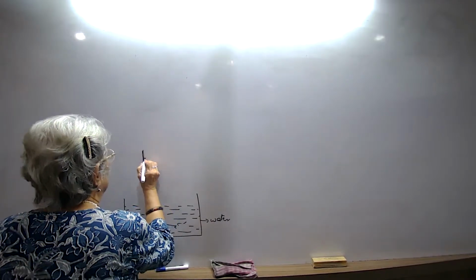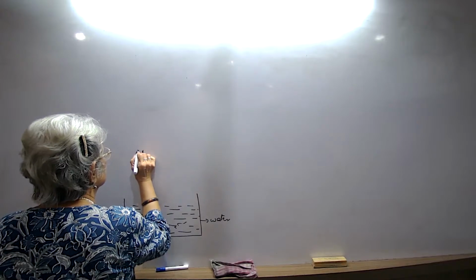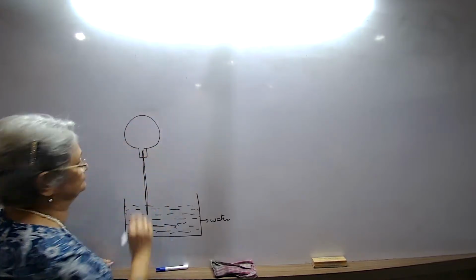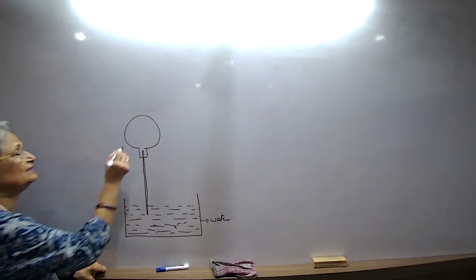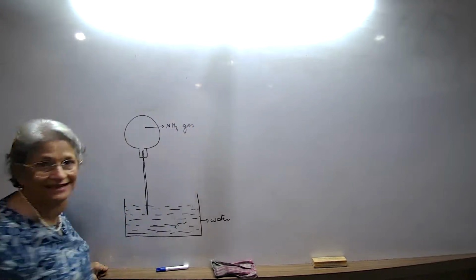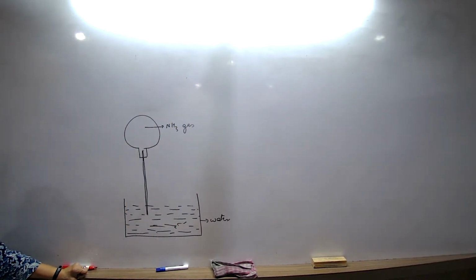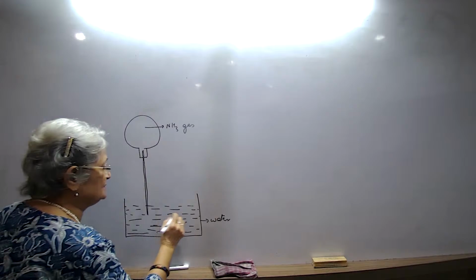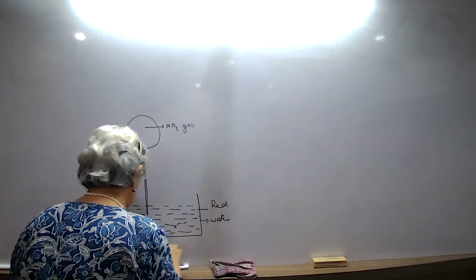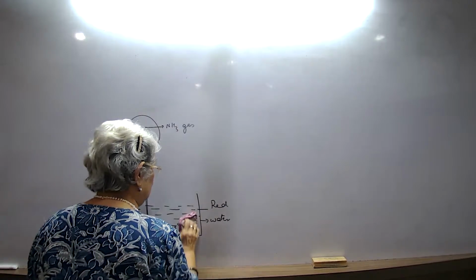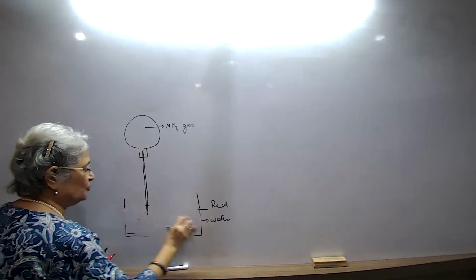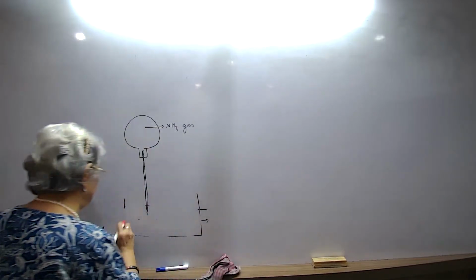And then this is the flask. Now, this flask has got ammonia gas, which is colorless. This water is actually red litmus. I should have put red water here. Not water, but it is red litmus solution.